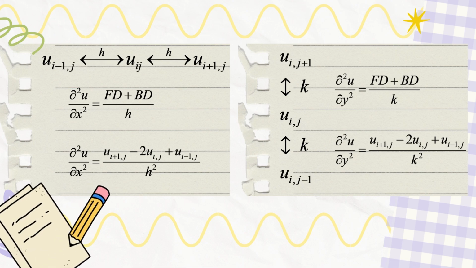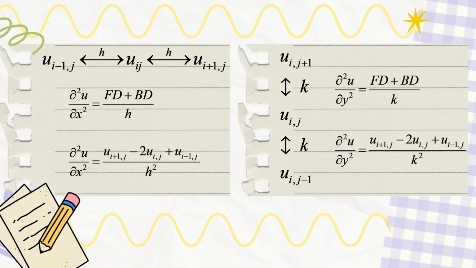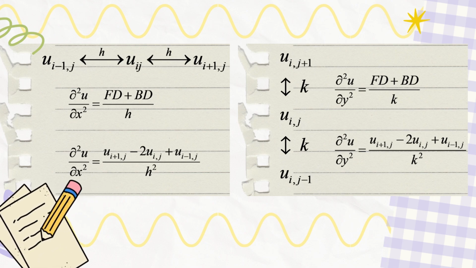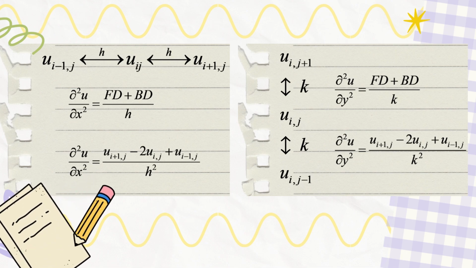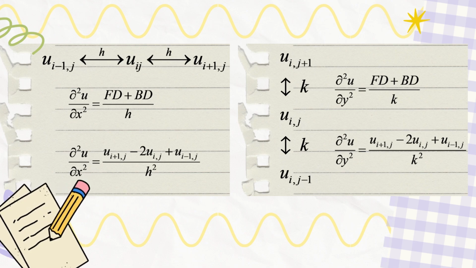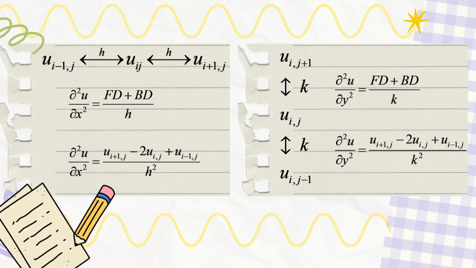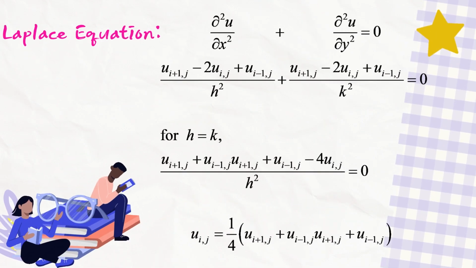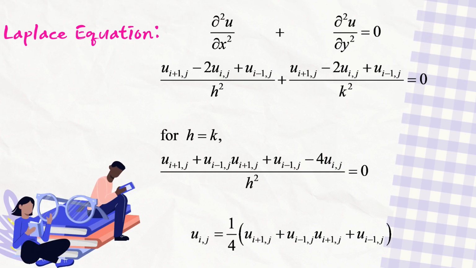And similarly for the y direction, if we consider both forward difference and backward difference altogether in y direction, it implies the second order PDE for the independent variable y, which has the formula of forward difference plus backward difference over k. Now I will briefly show how to solve an elliptic PDE, the Laplace equation for instance.